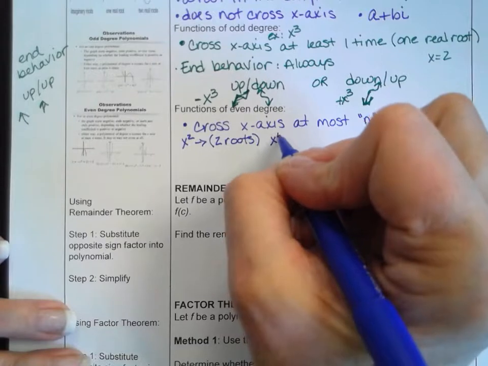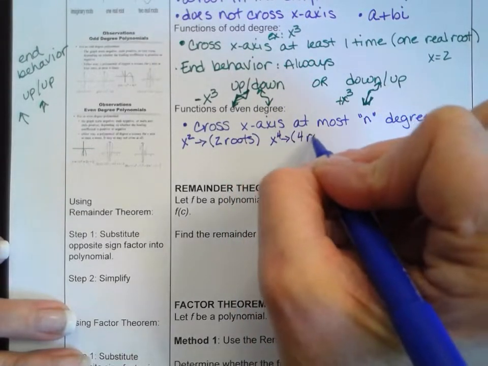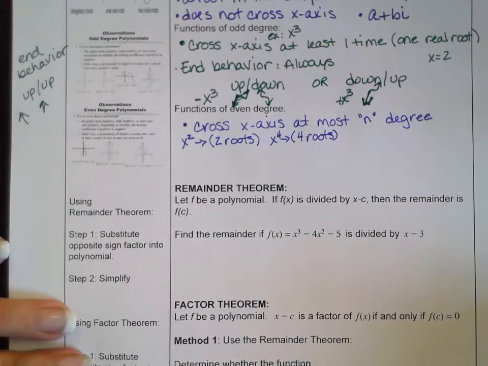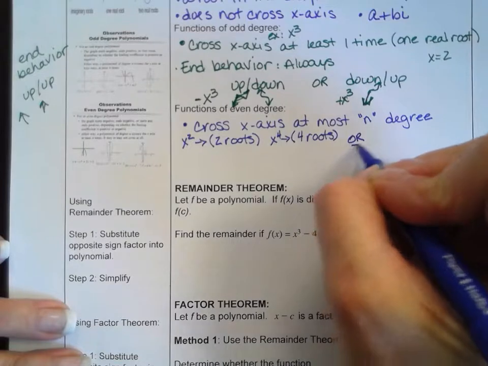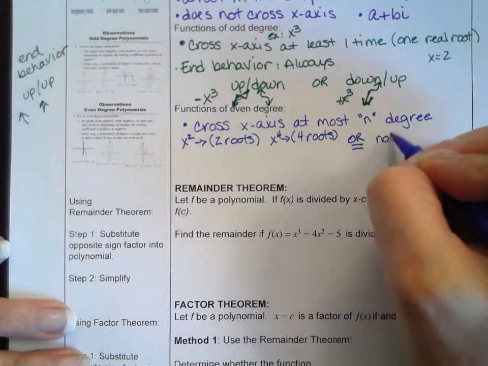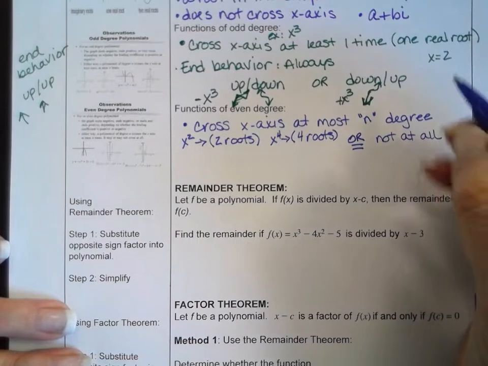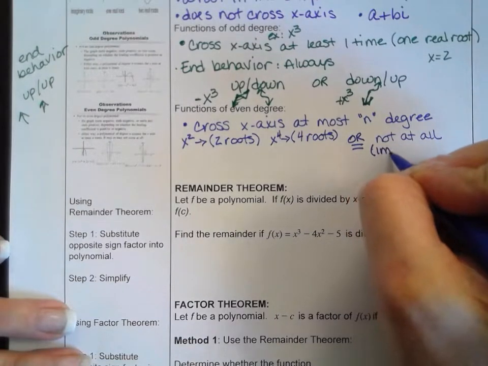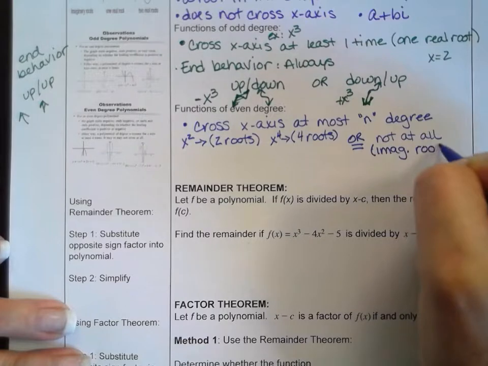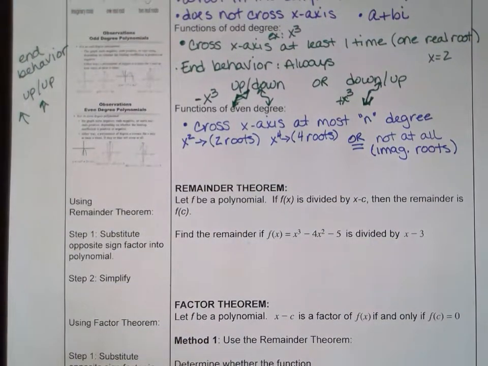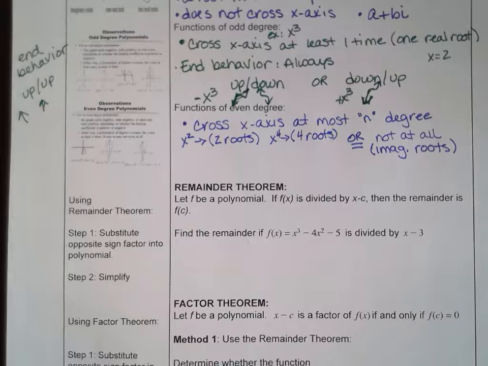If I have x to the 4th, I'm going to have 4 roots. Or not at all, which means you have imaginary roots. So in other words, if you have an odd-degree function, then you're not going to have the imaginary. You know you're going to be crossing for sure.